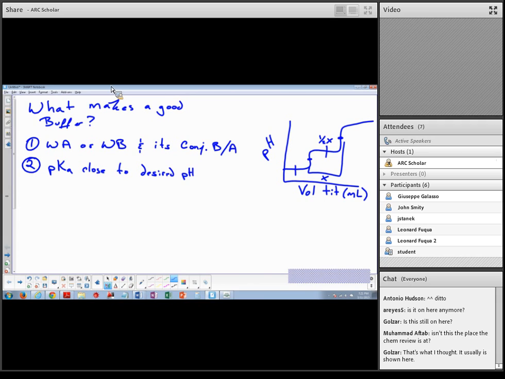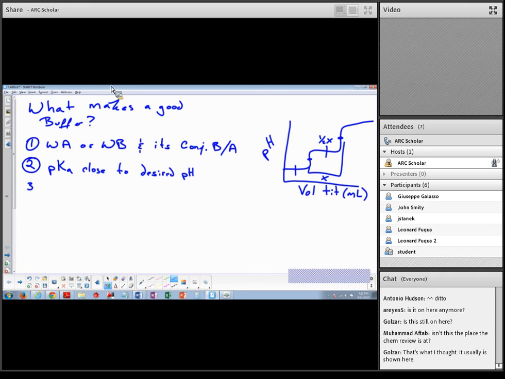Because if we think about it, first of all, before we even talk about what makes a good buffer, what is a buffer? What's the whole point of a buffer solution? It resists changes in pH when a strong acid or a strong base is added to it. So you add small amounts of H+ or OH-, and the pH of that solution should not change. That's what a buffer is. So to do that, we need the weak acid or weak base, with a pKa close to your desired pH.